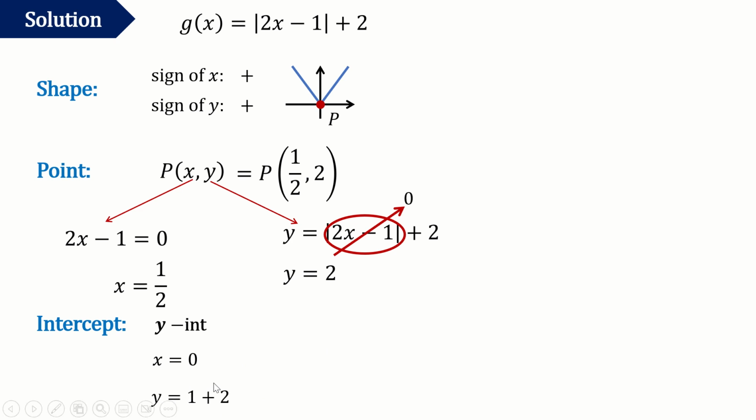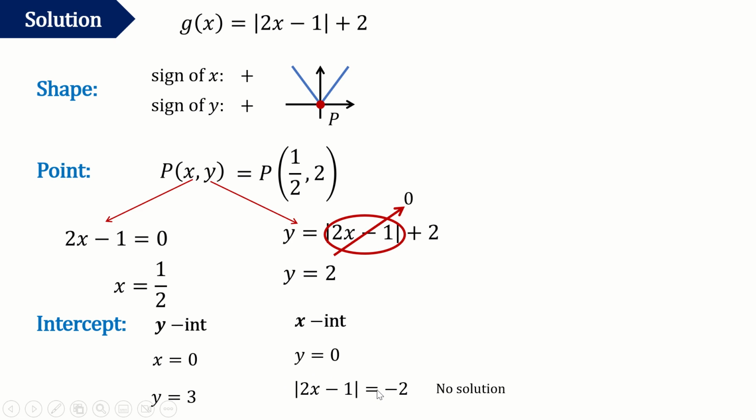So 1 plus 2 is 3. So we have the y-intercept at 3. And then for the x-intercept, this is when y equals 0. So the modulus of 2x minus 1 plus 2 equals 0, and the modulus of 2x minus 1 is equal to negative 2. For this function, this is undefined because the modulus cannot equal a negative value. So that means there is no x-intercept for this function.